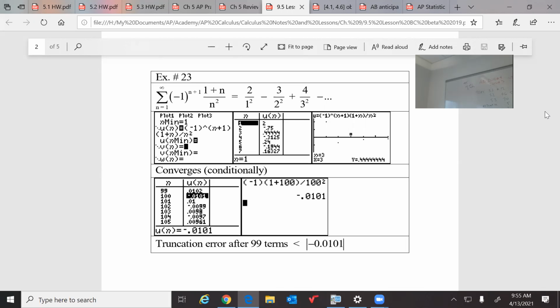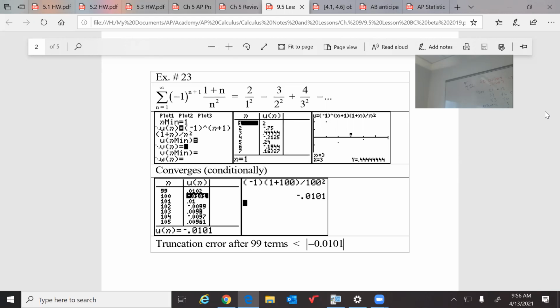So at n equals 1, you're up to 2. At 2, you're down to negative 3/4. At 3, you're at 4/9. That's where this is going, and you see how this is going. It's converging, because these terms are alternating above and below the x-axis, and they're getting closer and closer to the x-axis. Yes? So this thing is doing what? It's converging conditionally. Why?